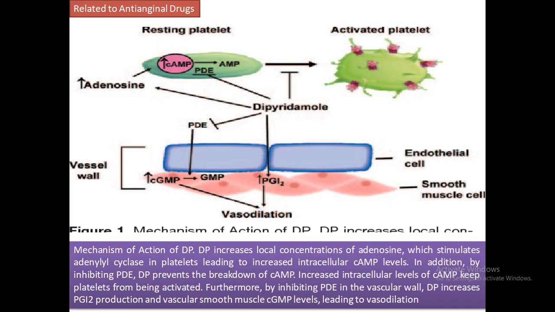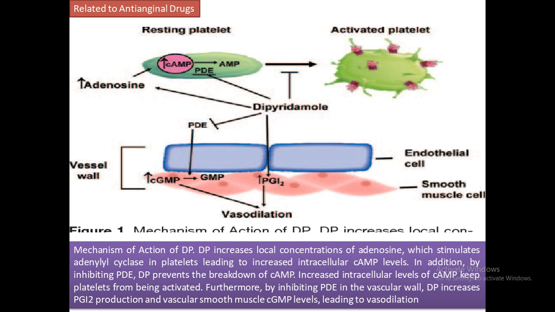Now a related anti-anginal drug, that is dipyridamole. So basically, as we also see with nitrate, there is a PDE enzyme which is responsible for the conversion of the cAMP to the AMP.